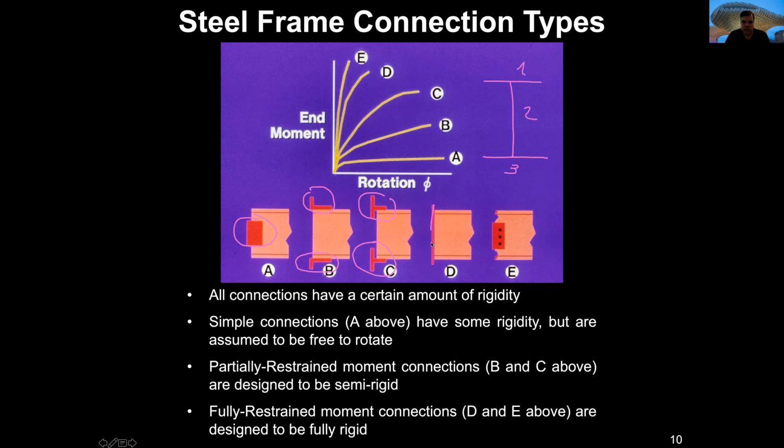Whenever a connection is connecting all of them, it's like you have welding in all this area. And this connection E has, for example, welding, and the other connection has bolts and welding. And these two connections are rigid, full restraint.